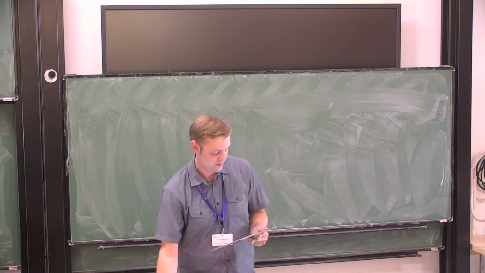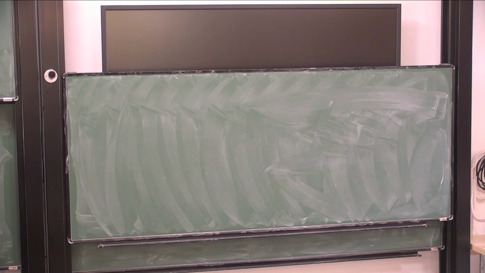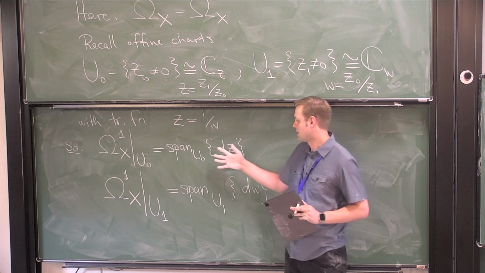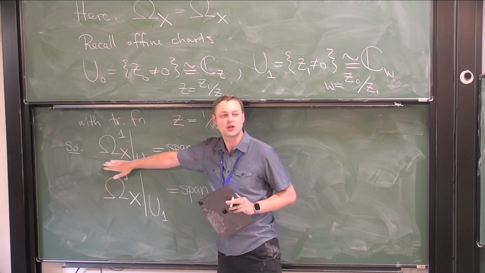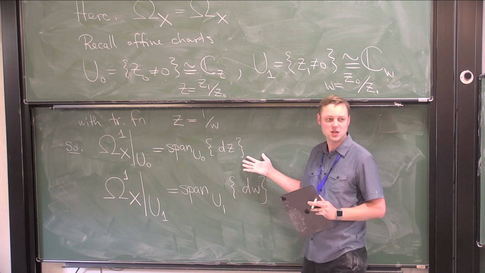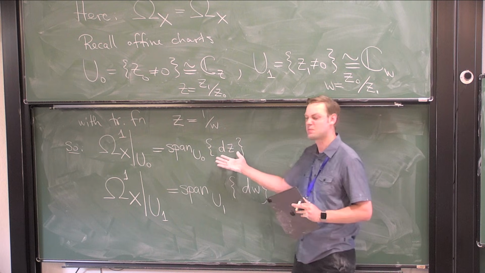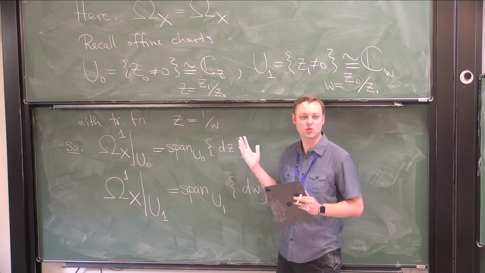Tall ask, but bear with me. You could say these are local trivializations. This is some kind of line bundle, omega 1 X, on X, and I'm giving you a local presentation in terms of something completely obvious. It's a span of a single vector. So that's what we say, it's a local trivialization.